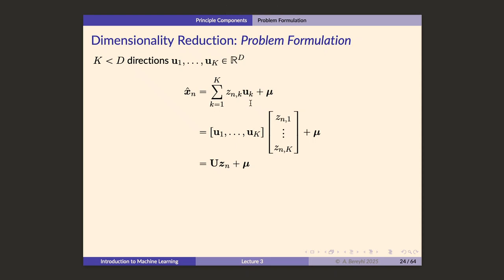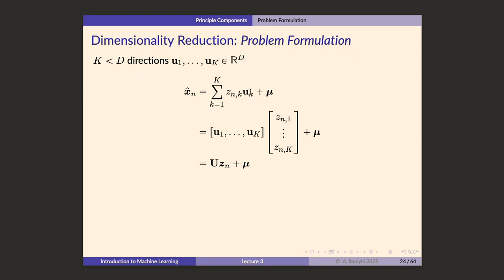So now, this is basically what I wrote here for you. I have it more detailed in this slide. So if I want to get back to my data x hat, then what I eventually do is get every single z that I have in the lower dimensional projection or lower dimensional transform, and then multiply it by the corresponding direction uk, and then sum it up.